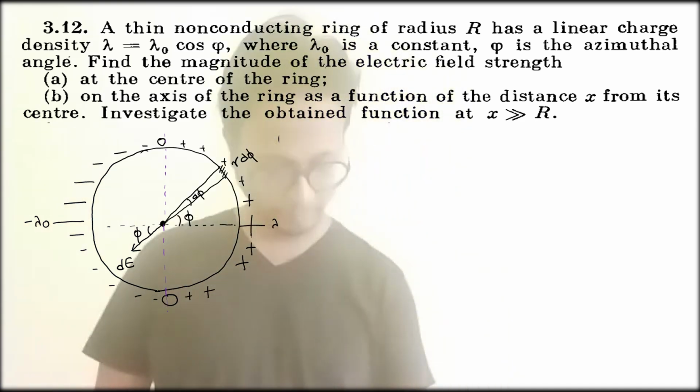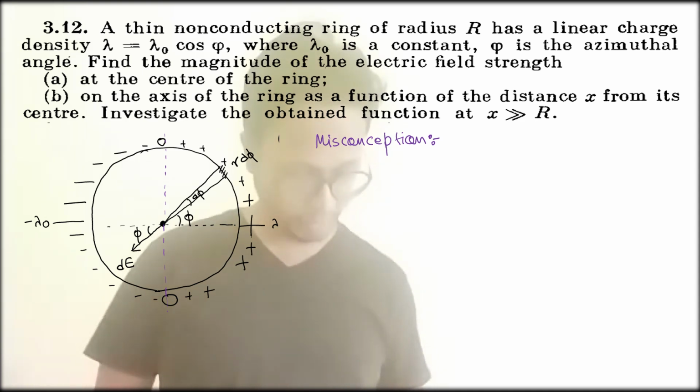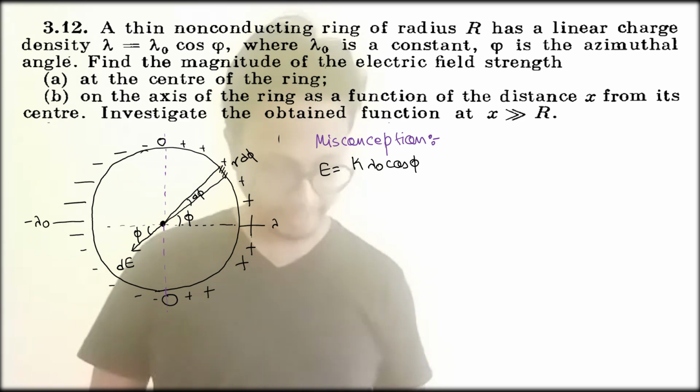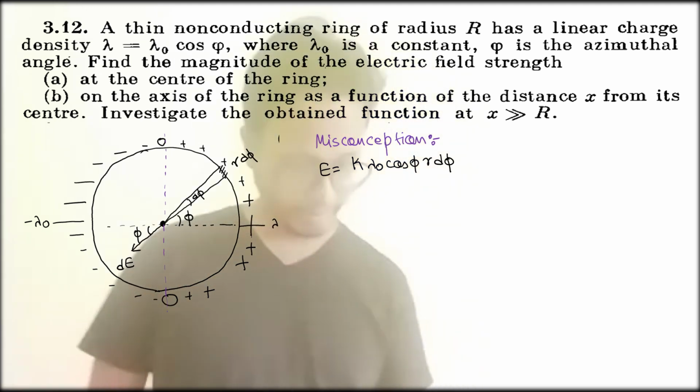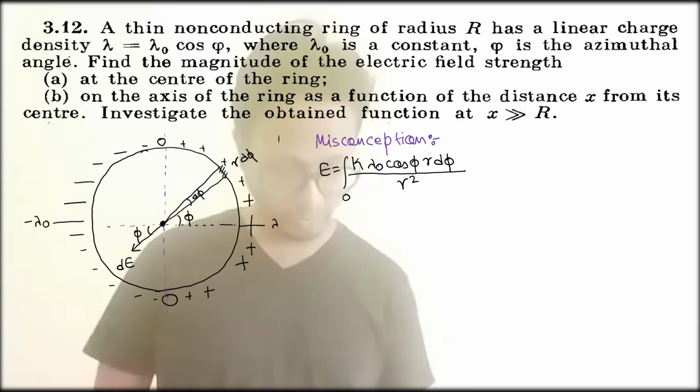The first misconception: why didn't I integrate the whole thing together? If you integrate the whole thing together, the electric field is k times lambda, where lambda is lambda naught cos phi, into this elemental length r d phi. This r d phi times lambda is the dq charge, divided by r square. So k lambda r d phi is nothing but k dq divided by r square, and we integrate this from 0 to 2 pi.